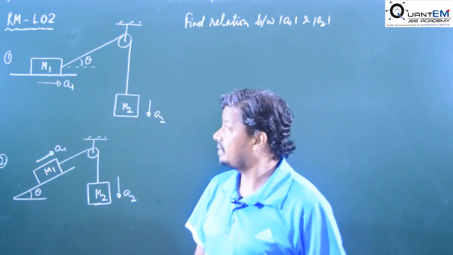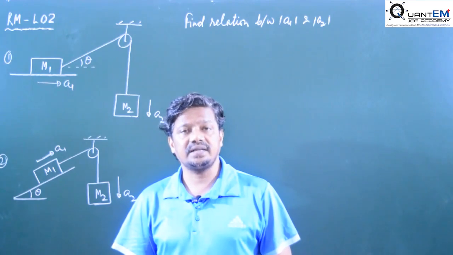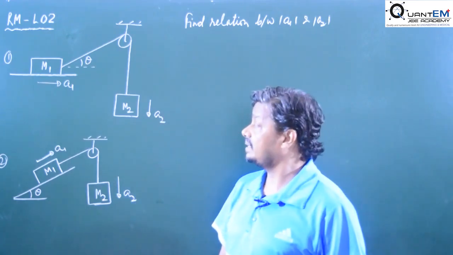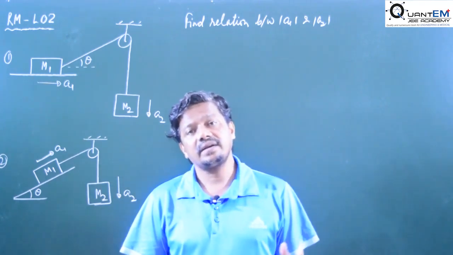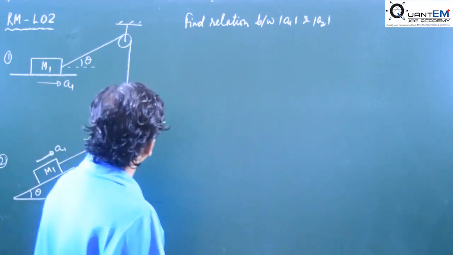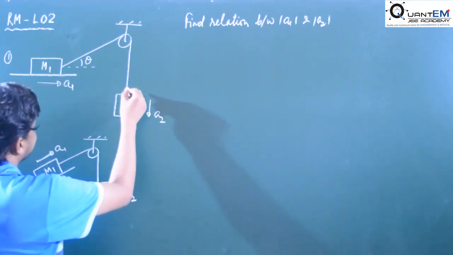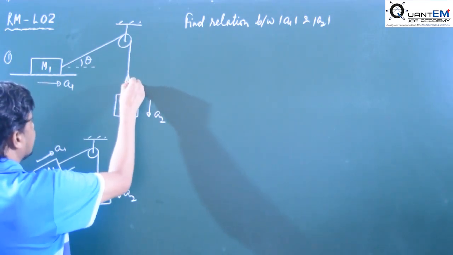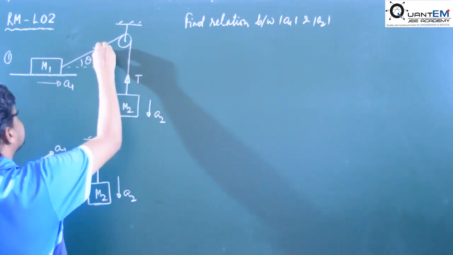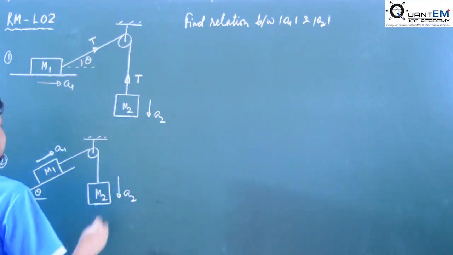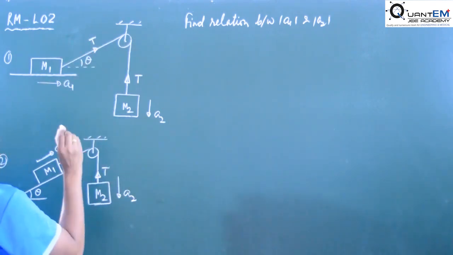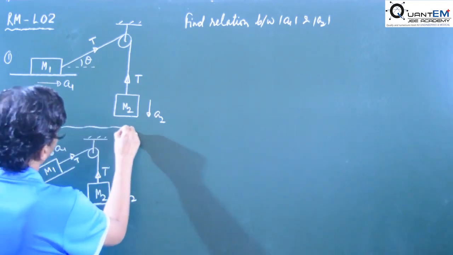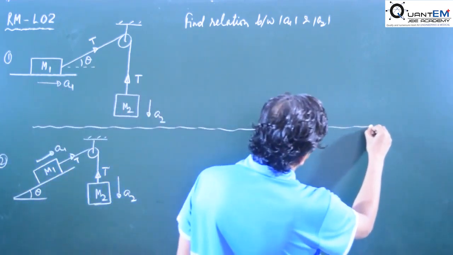In case of an inextensible string, the string will have no elasticity, meaning the string has neither elongation nor any compression. Now see, tension is always directed away from the mass. It is tension T, here also tension T. So firstly we come to the first question.